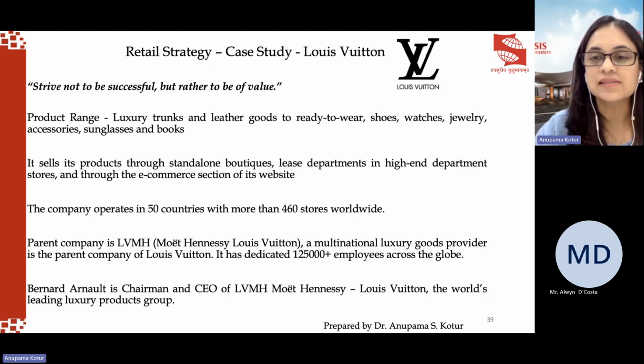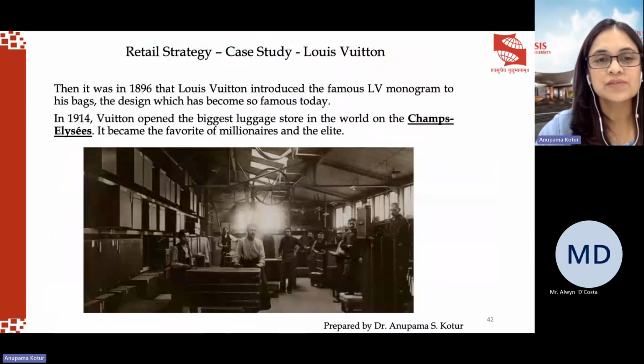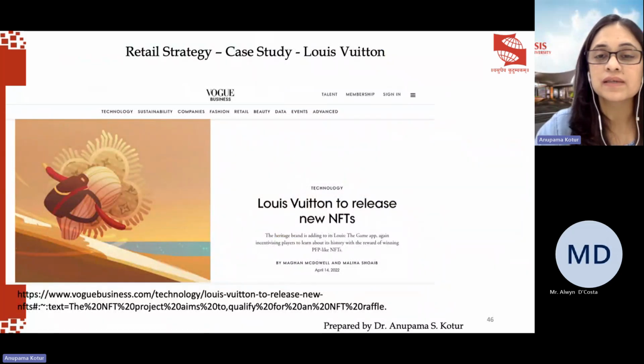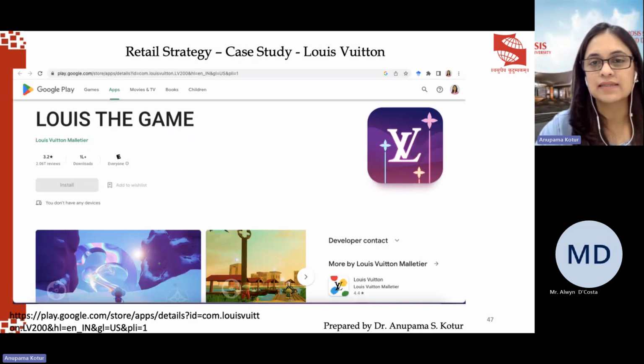Therefore, in the last session, we looked at one of the very prestigious retail brands called Louis Vuitton, a French brand, but of course it has gone on to become a global name, and a name that really personifies luxury, right? We saw several strategies and some of the technological innovations that this brand has made over the years, becoming one of the very respected names in luxury marketing, right?